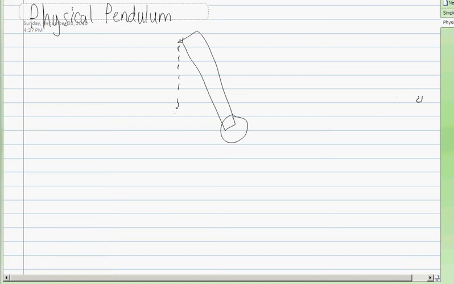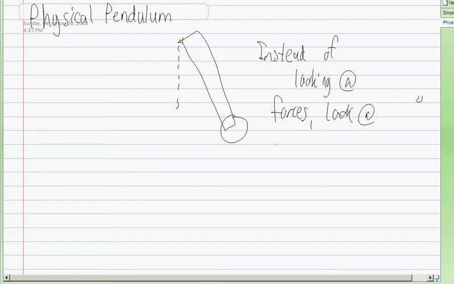instead of looking at the forces, we're going to look at the torques, or the torque on the system. So, let's say the center of mass is here. Then, instead of mass, we're going to deal with moment of inertia.